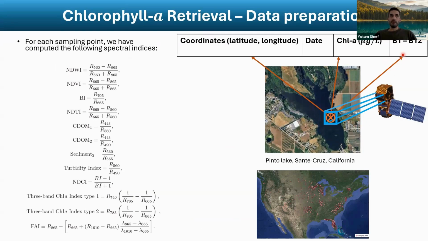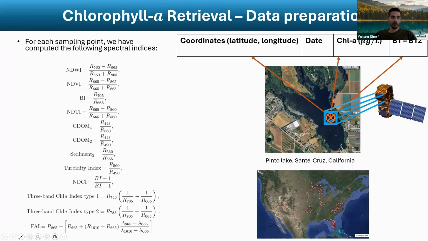We do this matchup and calculated these 12 spectral indices, which allow us to get more data and improve the model performance. We have the indices that facilitate the identification of clean water pixels, good water pixels. We have the water index, the vegetation index, the algal bloom index, turbidity, two types of sediment indices, and another type of algal bloom identifier.